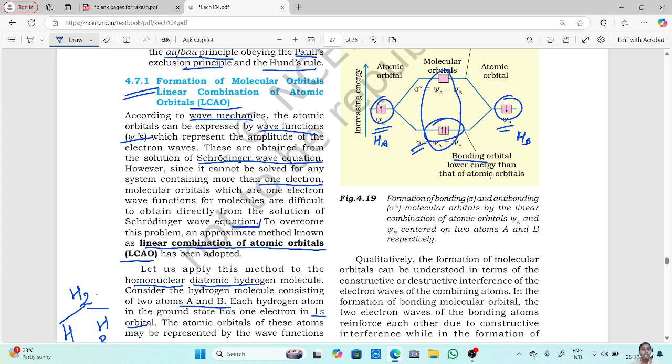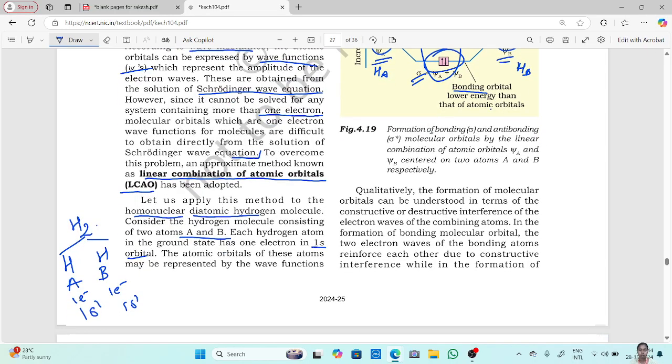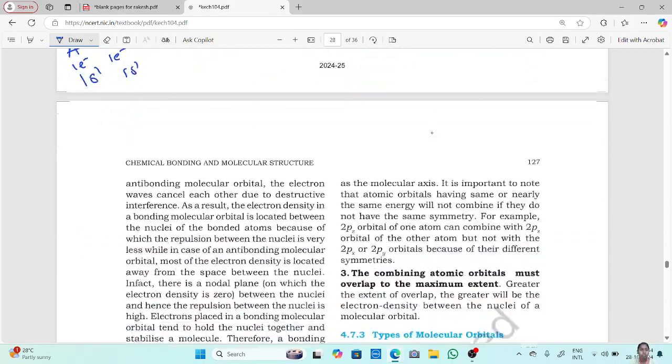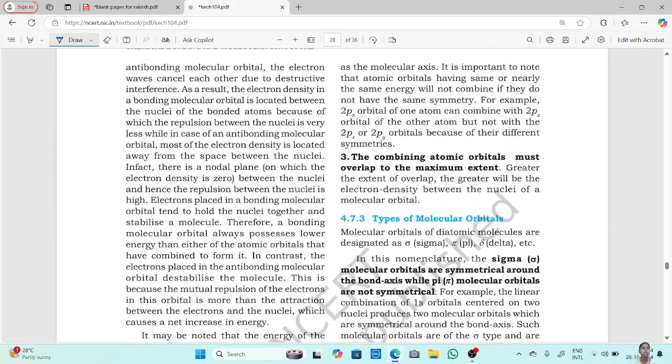In anti-bonding both the electrons are cancelled off, so you are destructing it. In the formation of bonding molecular orbitals, the electron waves of the bonding atoms reinforce each other due to constructive interference, as I told you. While in the formation of antibonding molecular orbitals, the electron waves cancel each other due to destructive interference.